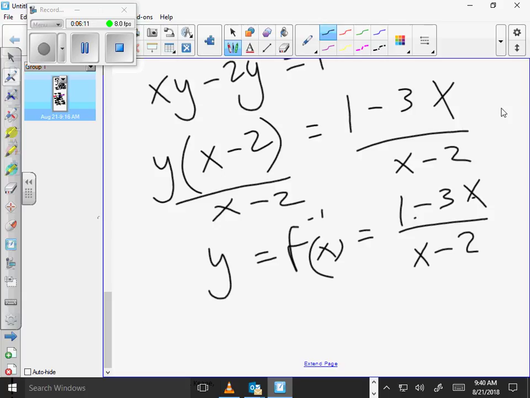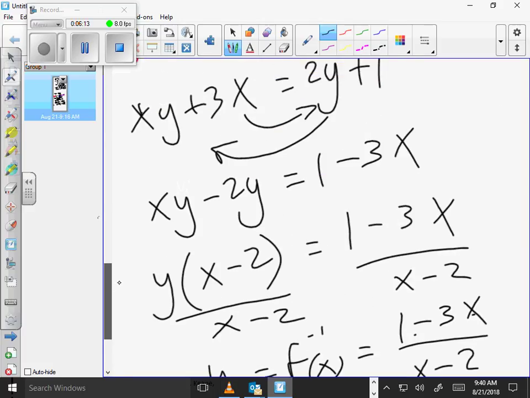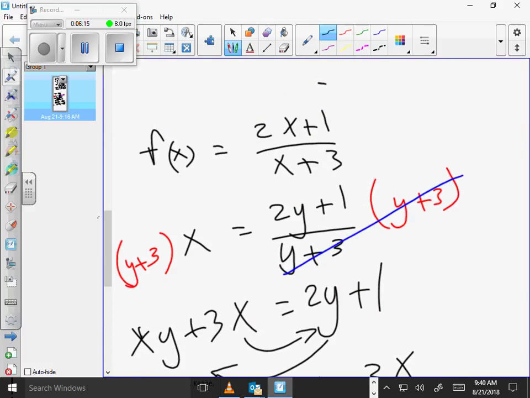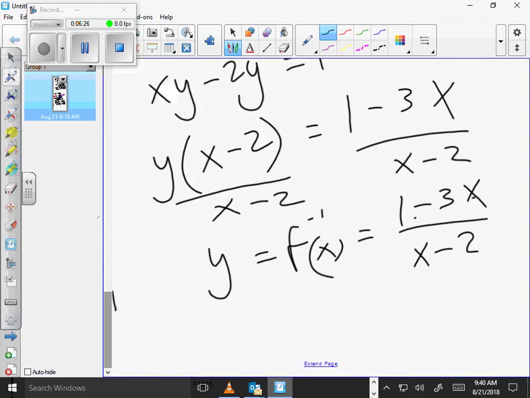F of x equals 2x plus 1 over x plus 3 and f inverse. And Sam, that happens when I chose to move all the y's over here, but you chose to move all the y's over there.